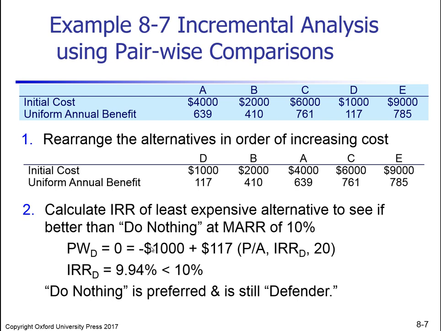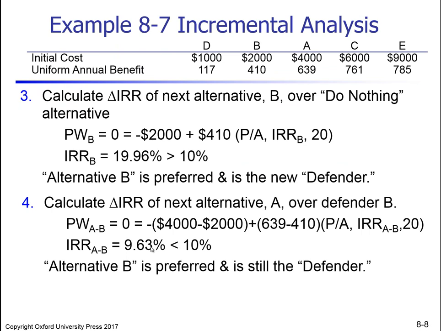As it turns out, the IRR in this case is 9.94%, very close to 10, but still not at that 10% threshold. So in this case, we're going to say do nothing is still the defender. That is the best alternative that we have between doing nothing and choosing alternative D. Now we're going to move up the scale, and we're going to calculate the differential IRR of option B compared to do nothing.